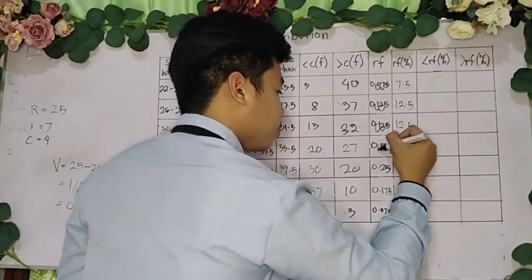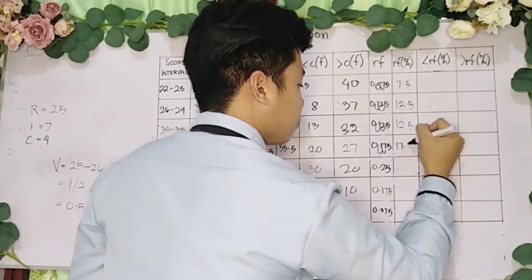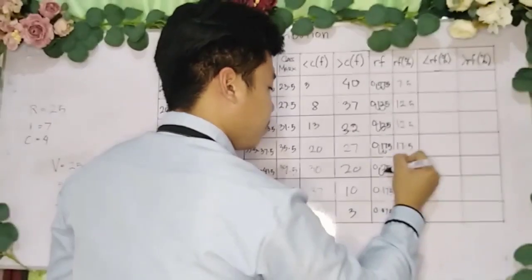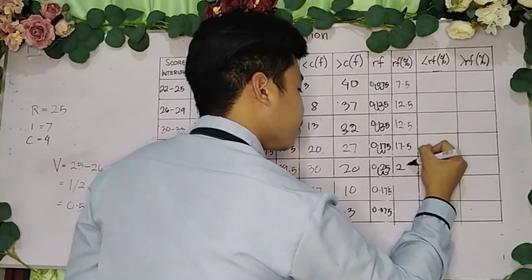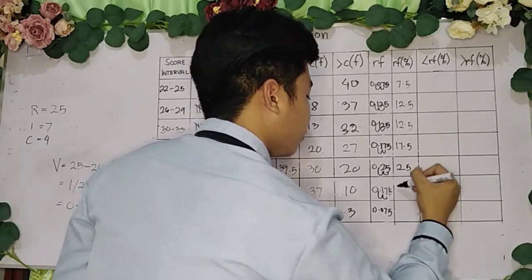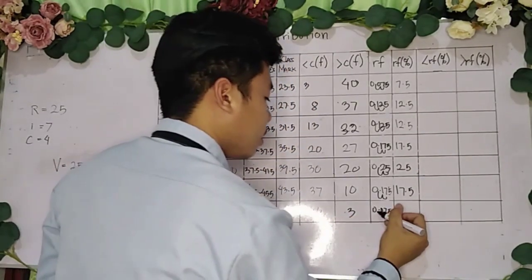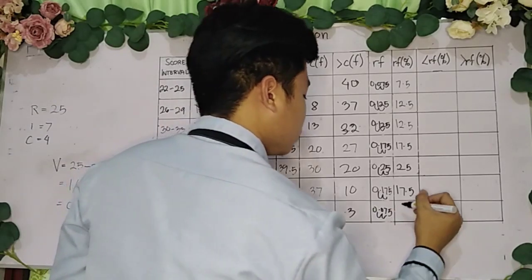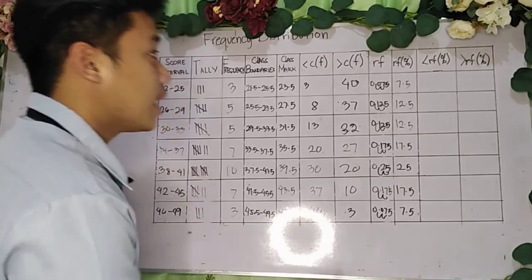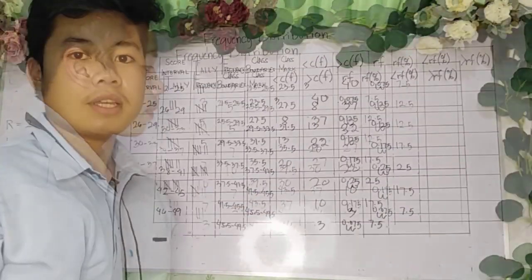Next, move the two decimal places is equal to 17.5. And then two decimal places, so 25. And then two decimal places is 17.5. And then lastly, two decimal places, which is 7.5. So this is our relative frequency percentage.